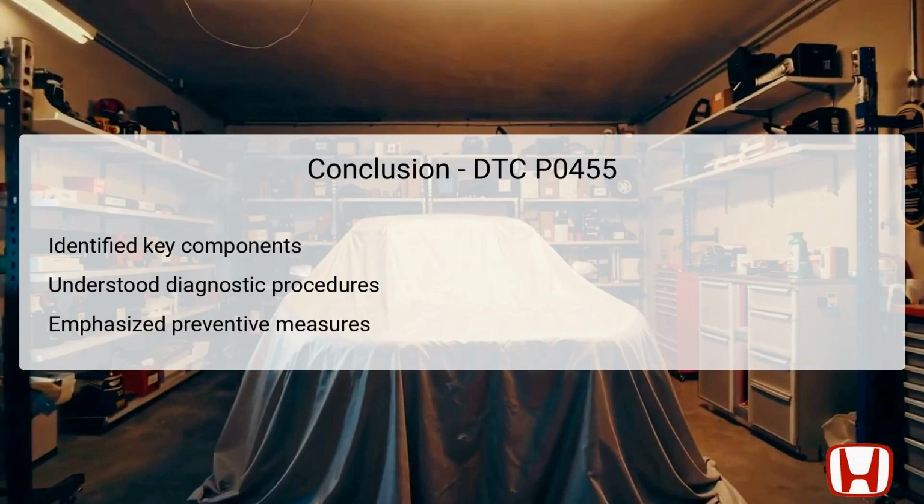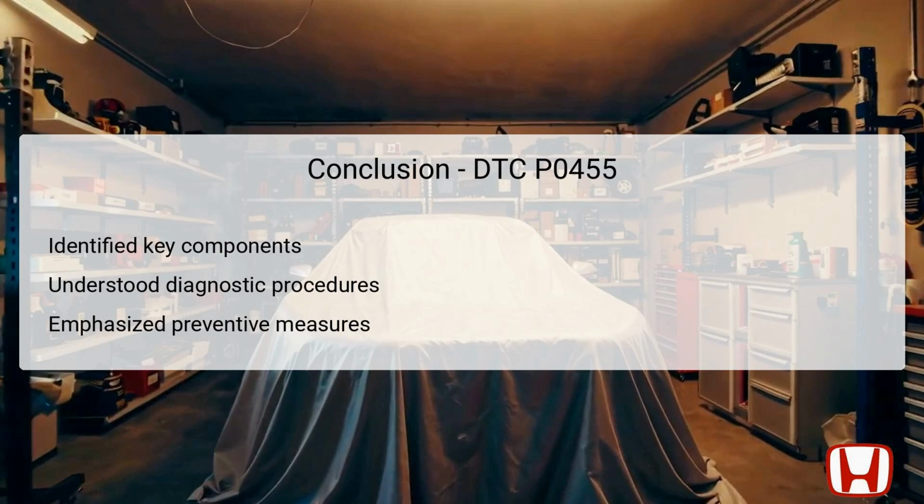In conclusion, DTC P0455 signals a significant leak within the EVAP system of the Honda Accord from 2012 to 2017, crucial for controlling fuel vapor emissions. Identifying the key components like the EVAP canister, the purge valve, and the fuel tank pressure sensor highlights their roles in the system's functionality.